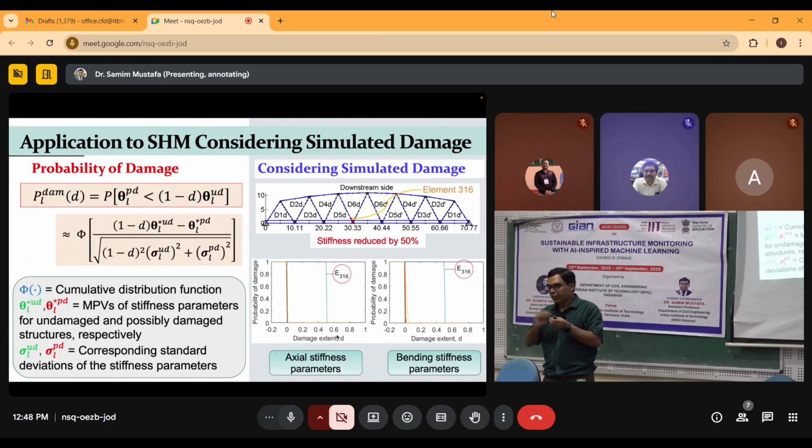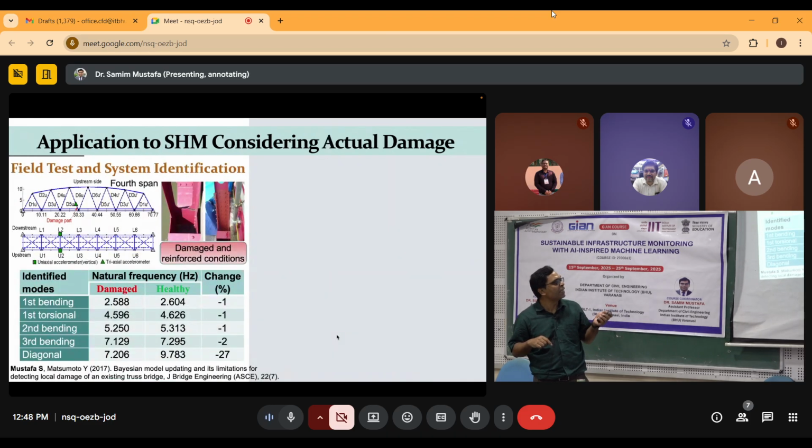Then you add some noise to reflect the actual measured response, and update another baseline model using that data. Then you check this, and you will see the damage can be detected using this formula. But this is based on simulation, so that has to be verified with the actual response.